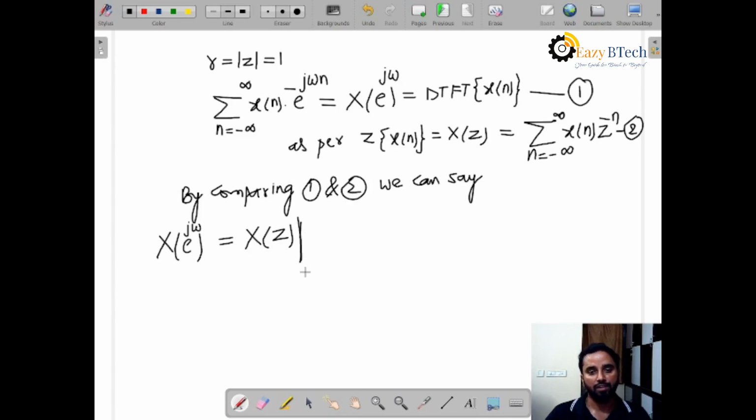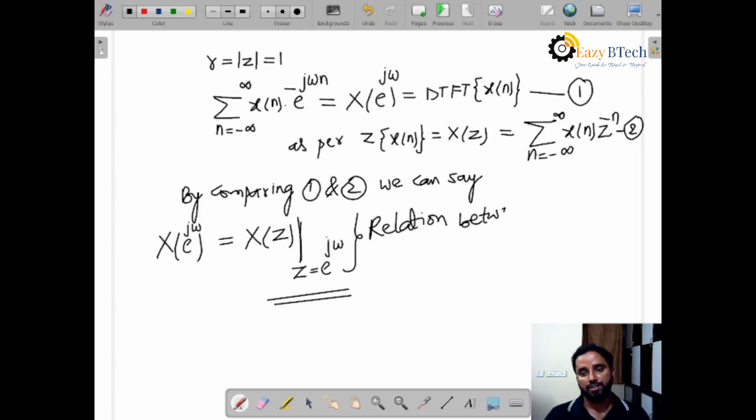They are equal if we substitute z equal to e power j omega in X of z. This is the relation between DTFT and Z transform, the discrete time Fourier transform.